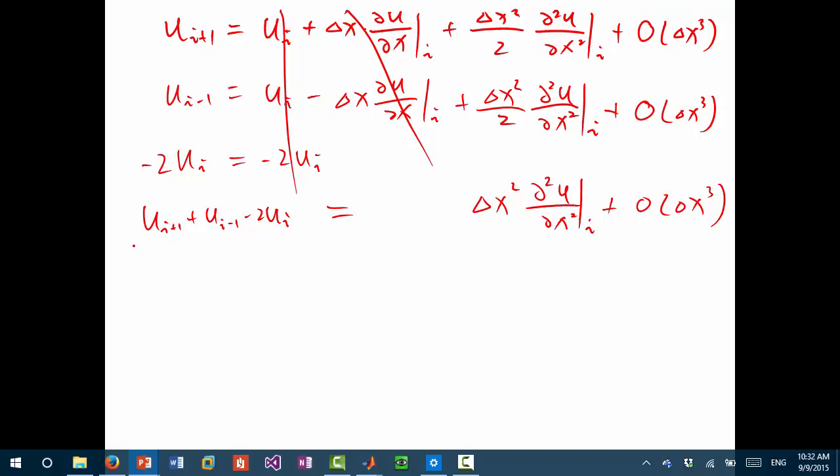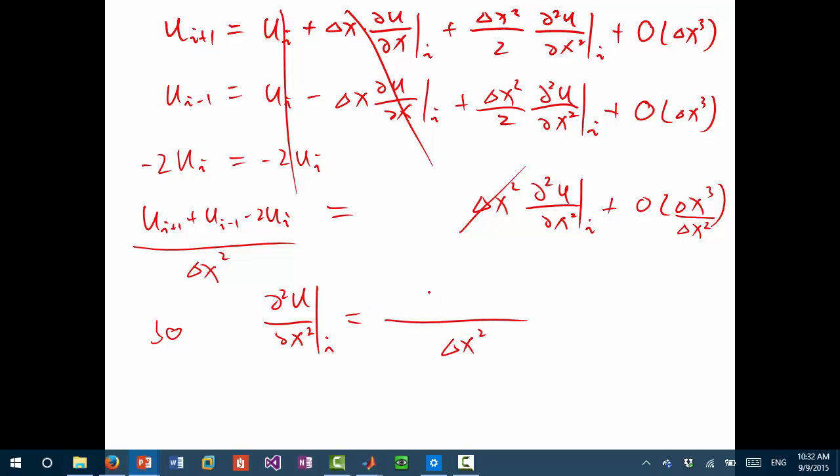Now, if we divide by delta x squared, we cancel this, and this gets divided by delta x squared. So basically, we are saying that the second derivative at the ith point can be approximated by this finite difference plus O(delta x), because cube over square is O(delta x).